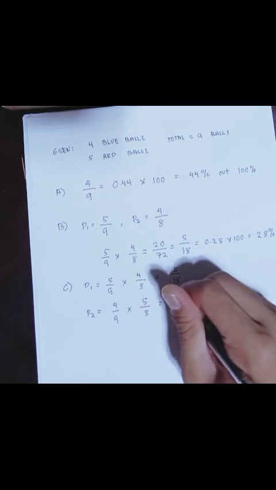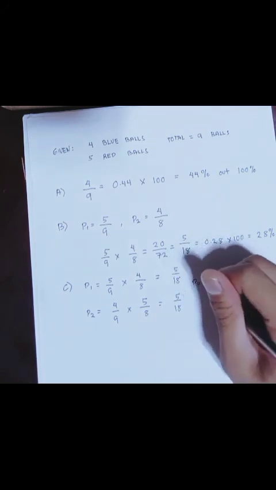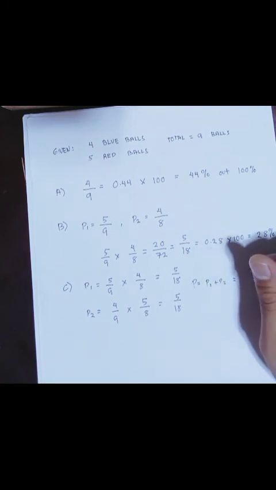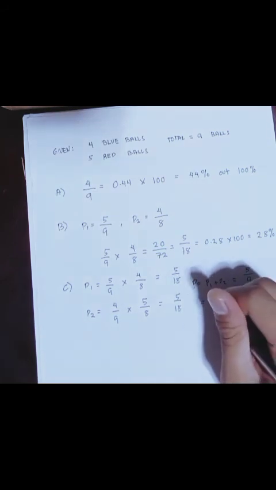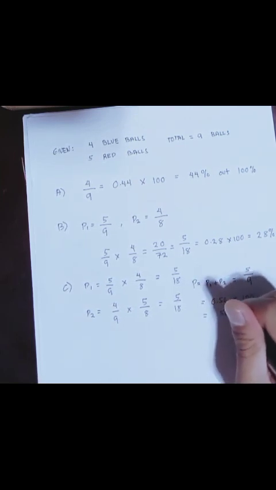That is equal to 5 over 18. And then the results will be added to get the probability. That is equal to 5 over 9. Then let's say to decimal point, 0.56, convert it to percentage, it will be 56% out of 100%. We are getting blue and red in 2 drawn at random.